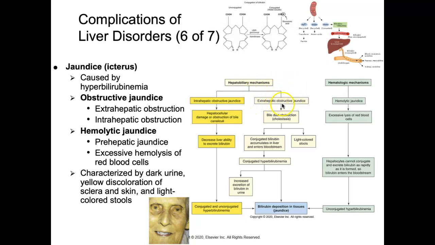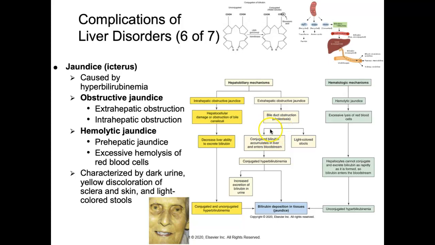Starting with our extrahepatic obstructive jaundice, this is developing if the bile duct becomes occluded. Maybe it's through a gallstone, a tumor, there's inflammation taking place, and so that is going to cause the bile to accumulate in the liver and can enter the bloodstream.